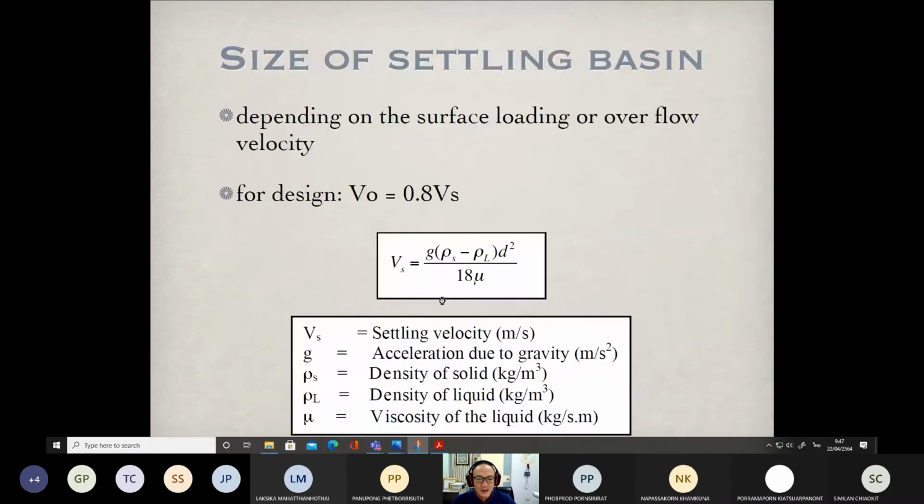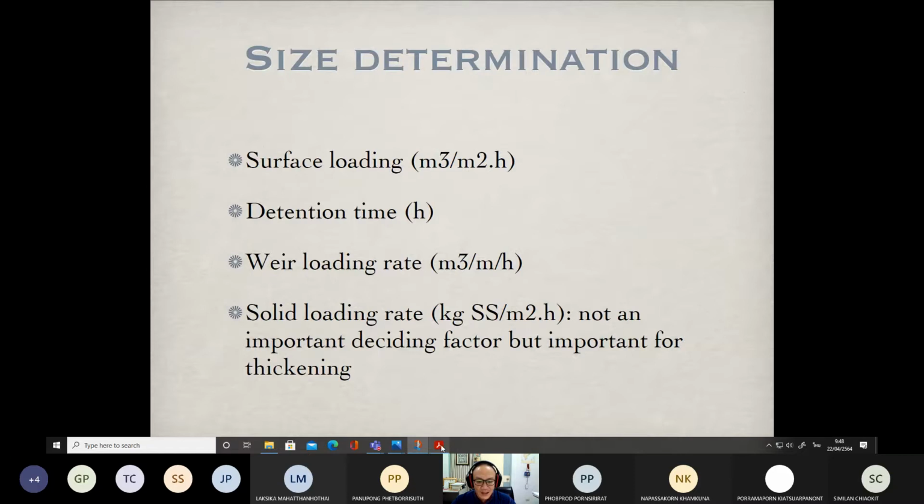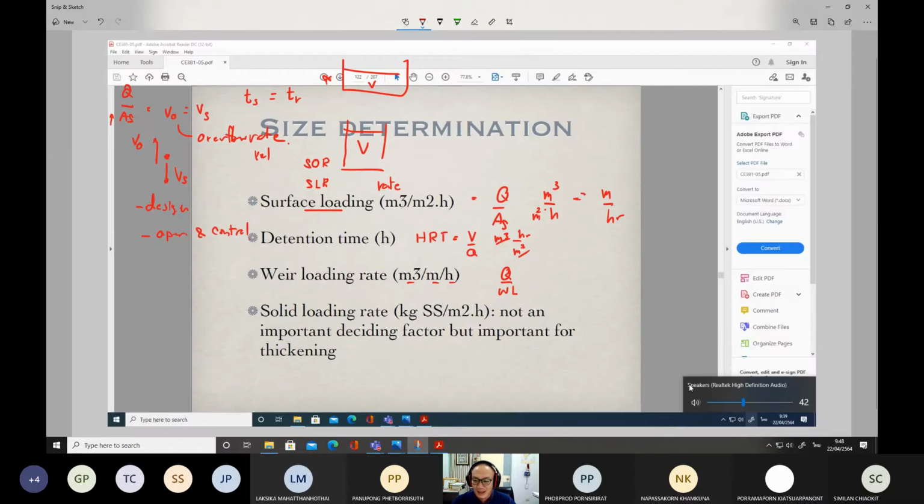Okay, so the weir loading rate is equivalent to Q divided by the weir length. Normally weir loading rates will be given. We apply this value to determine the proper weir length.